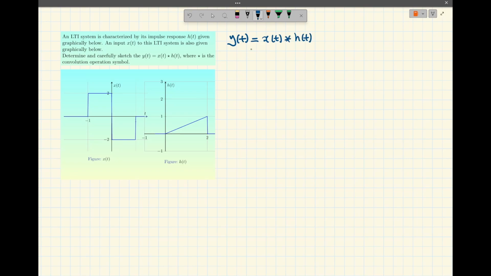So what I'm going to do, I am going to break the input into two functions, x1 and x2. So this is x1 of t, and then x2, which is this.